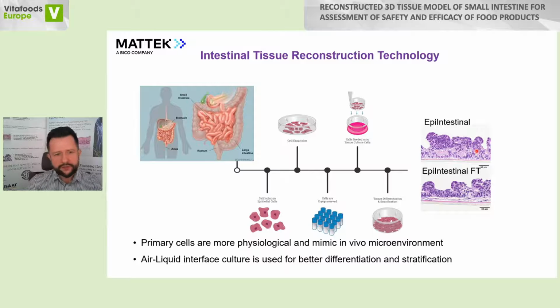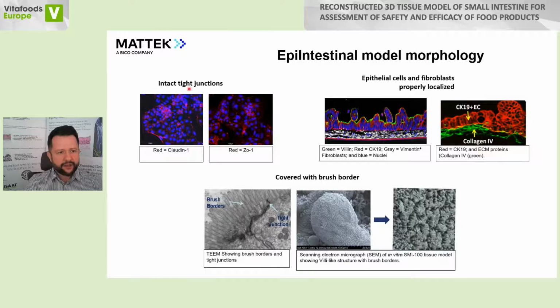The morphology of the small intestine epithelium, as you probably all know, is characterized by the presence of the villi. We have these villi-like structures. You can probably see better on this next slide.